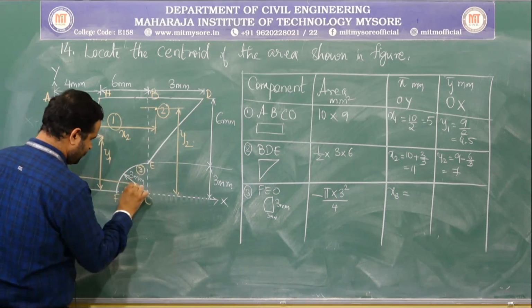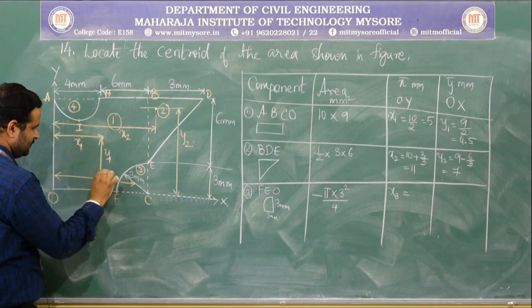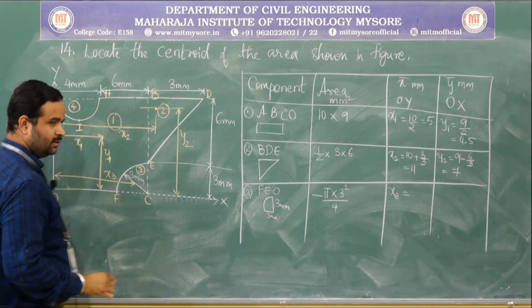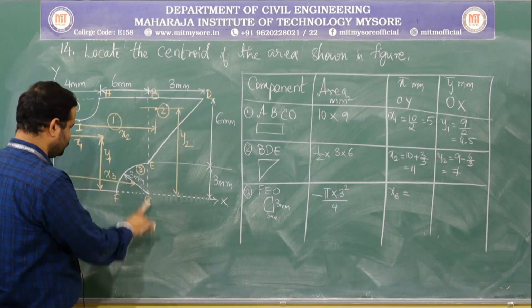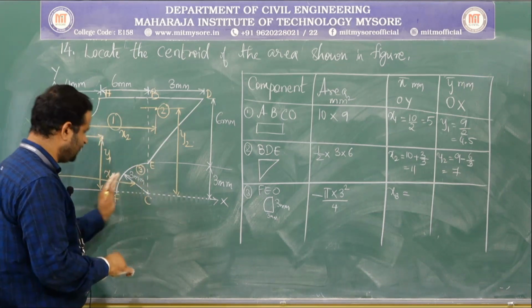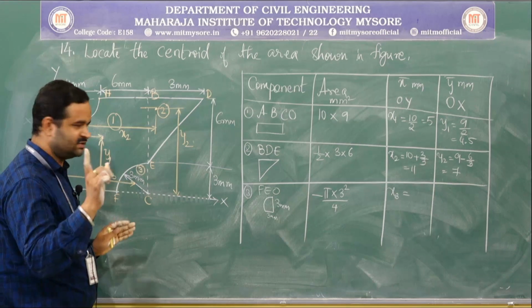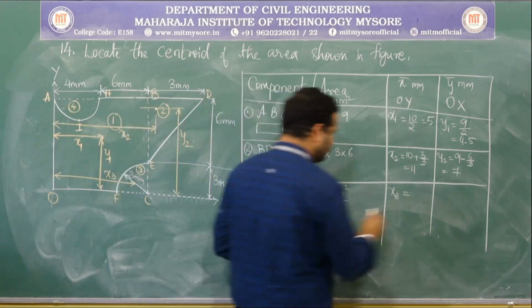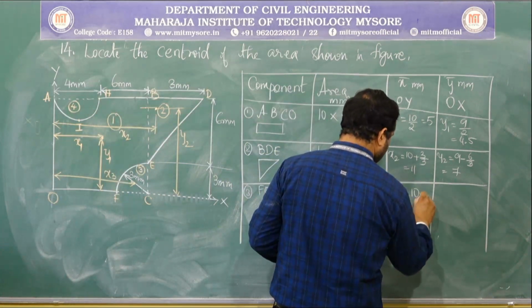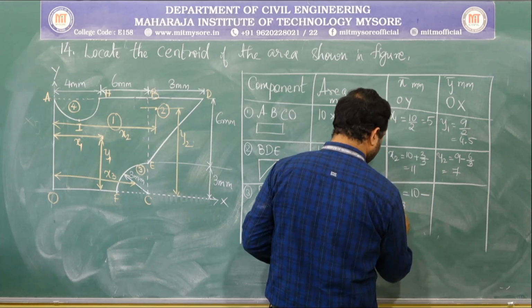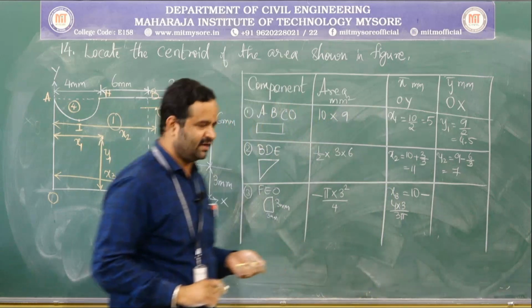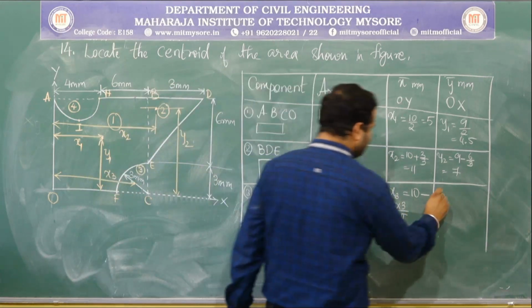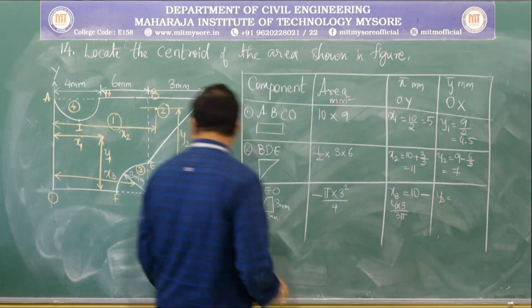So, measure it with respect to OY axis, this will be x3. Again for this, if you know the total distance from O to C, which is 10, minus 4r by 3 pi, which is known to you, that is equal to 10 minus 4 into 3 by 3 pi. This is the value of x3.